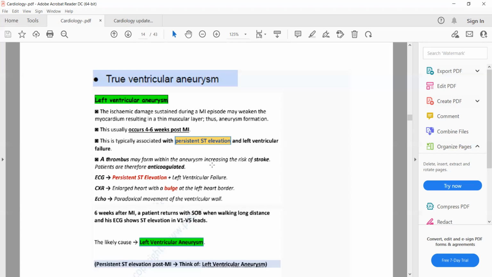So ventricular aneurysm can occur as a complication of MI. It is a long-term complication of MI due to weakening of the myocardium.